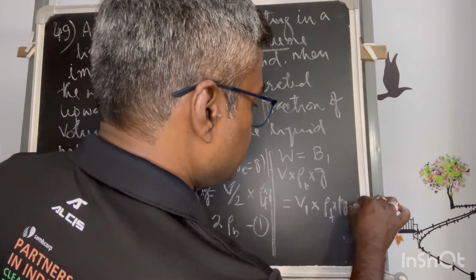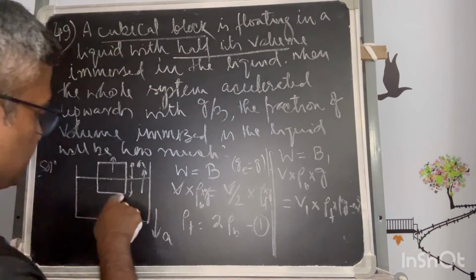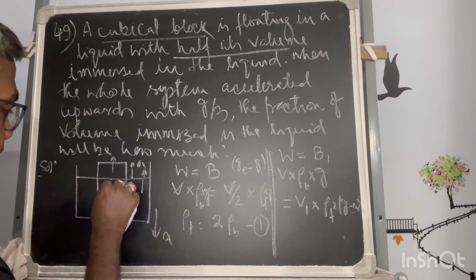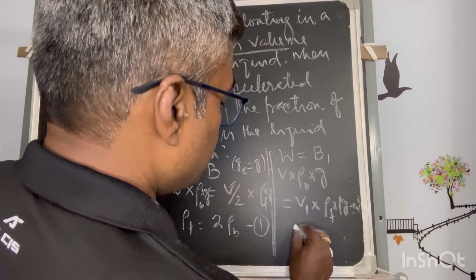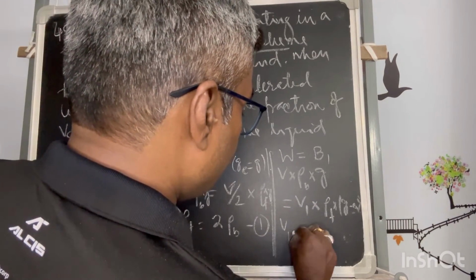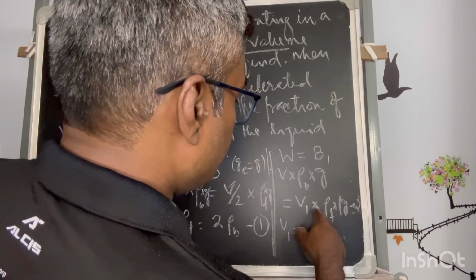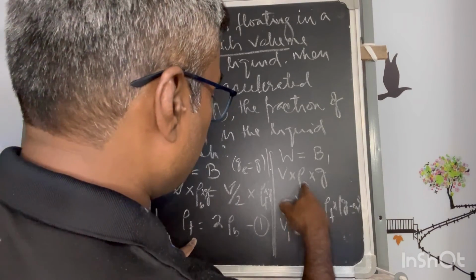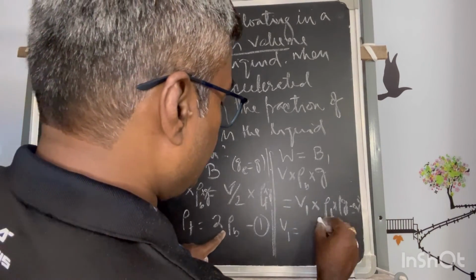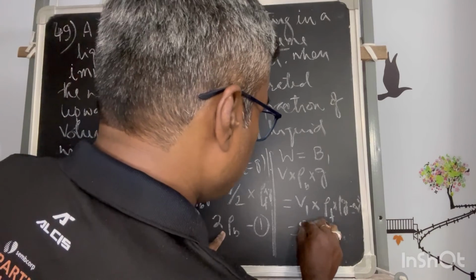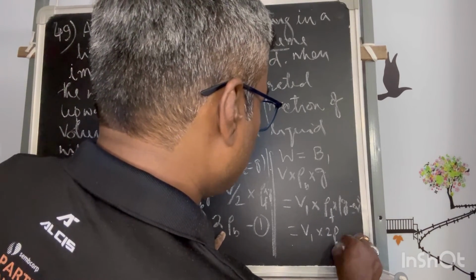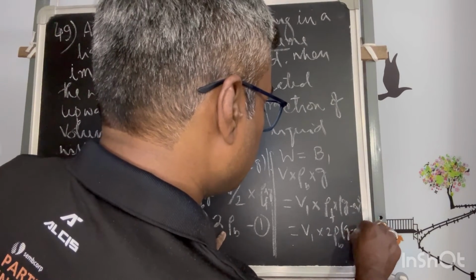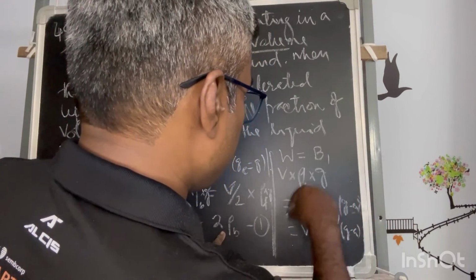G effective is g minus A, because g is downward and A is upward. So in this case rho of the fluid is equal to 2 rho of the block. I can put this value, V1 into 2 rho of the block into g minus A, and this will be cancelled out.